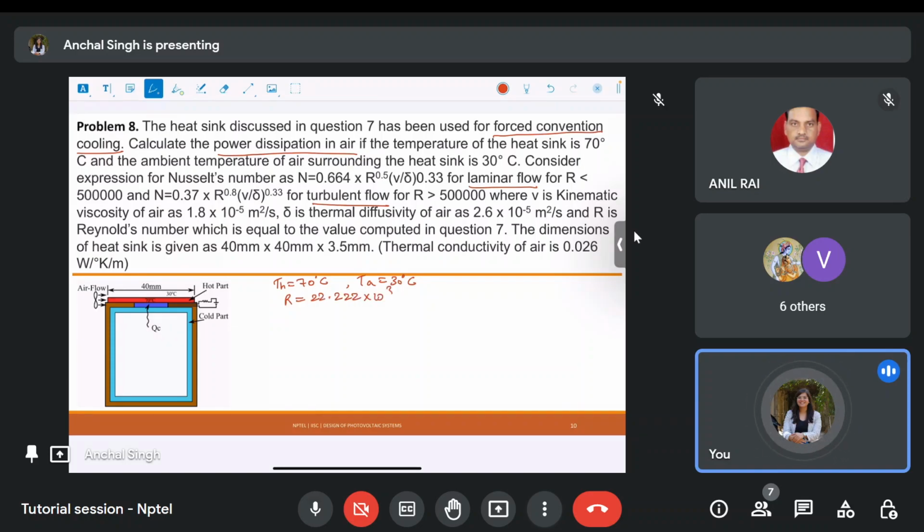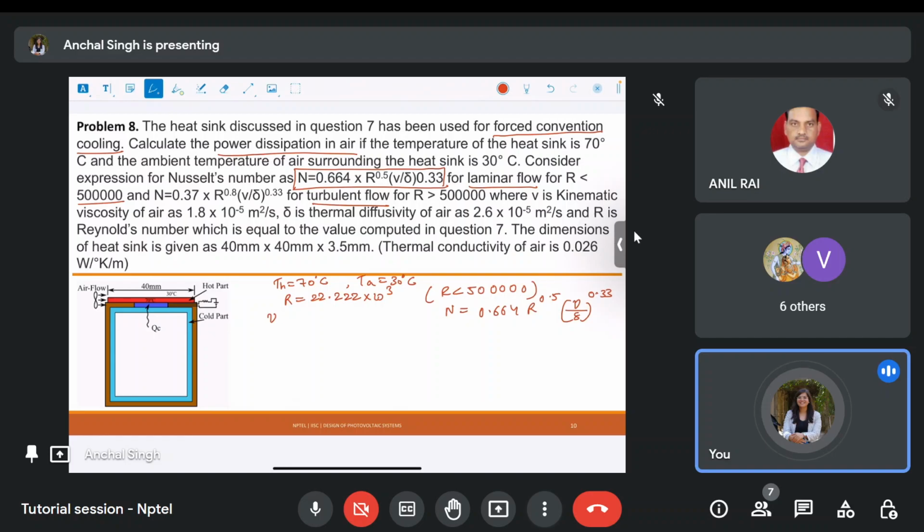So we have to use these formulas. The one for the laminar flow is the formula that we'll use, because R is less than 50,000. So Nu will be 0.664 into R to the power 0.5 into nu by delta to the power 0.33.